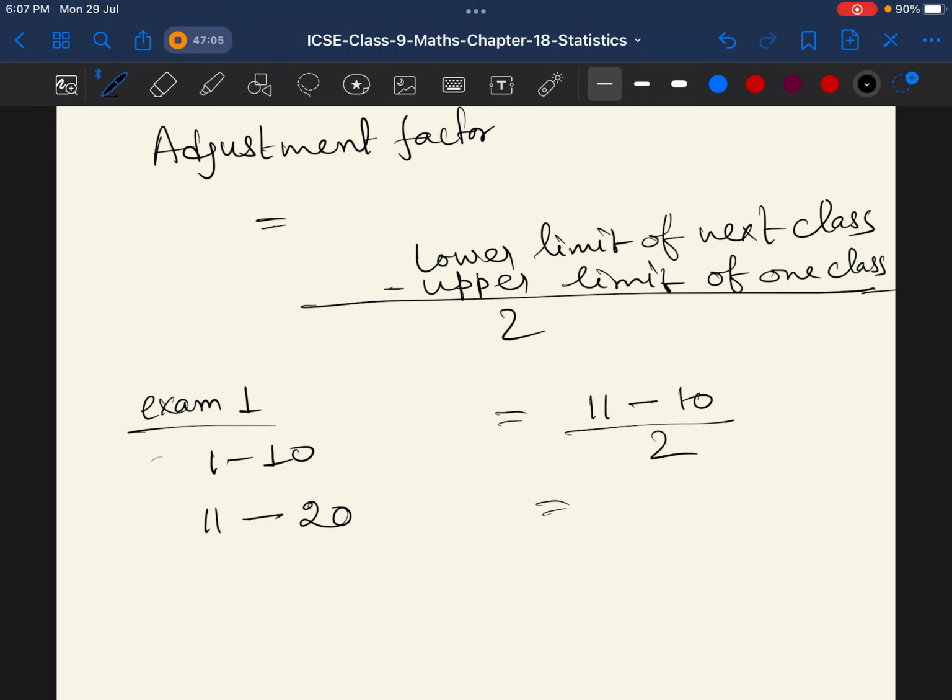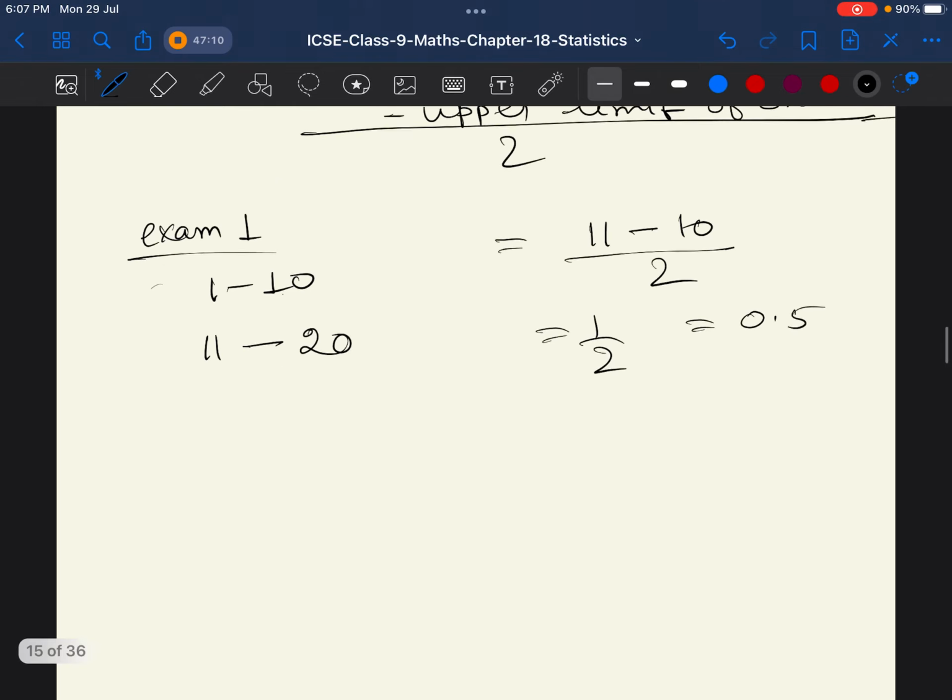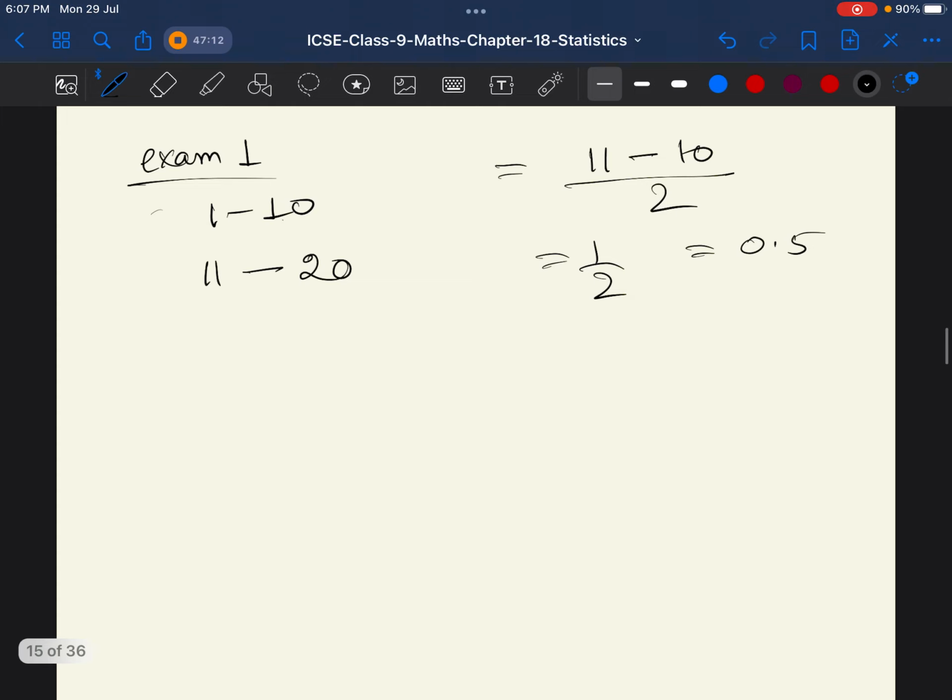So 11 minus 10 by 2 will be 1 by 2. This is 0.5. So 0.5 is the adjustment factor.